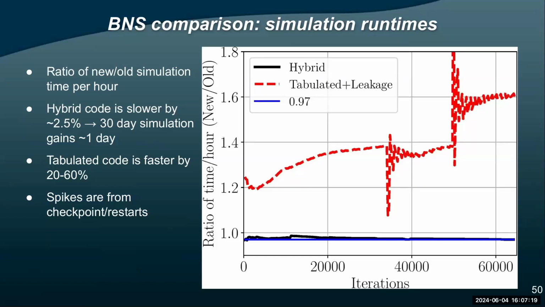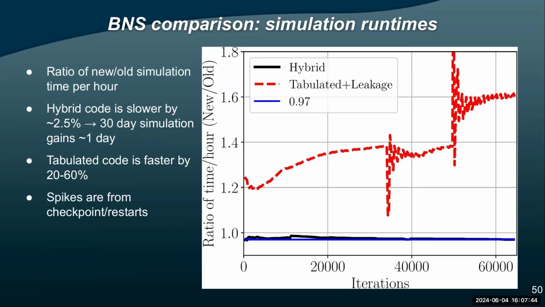The tabulated code, however, is faster by 20 to 60%. I have some ideas where some of the speedup comes from. There are some places that loop over and try different initial guesses, and the old code is doing some strange things in there, which would potentially cause you to guess the same thing multiple times. So this speedup is likely partially from there.